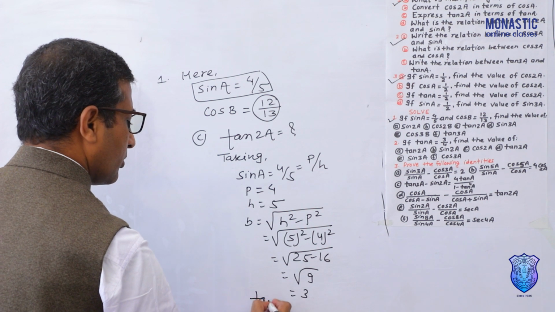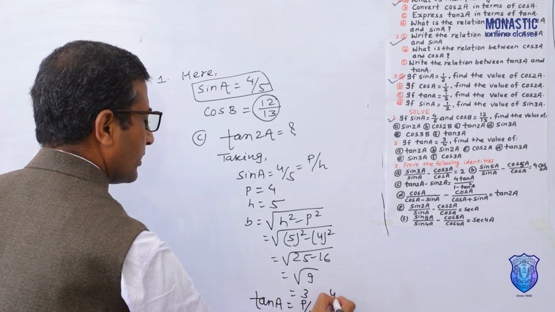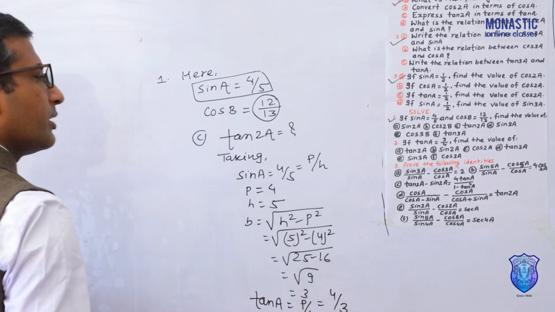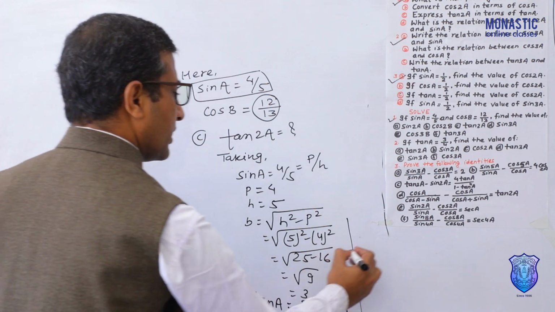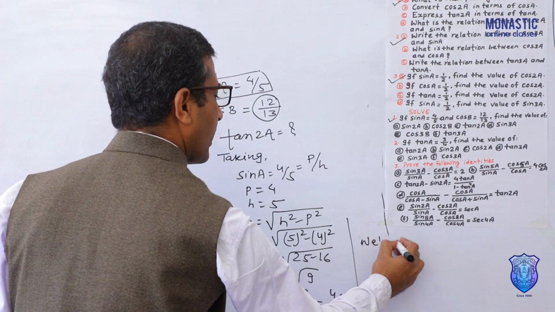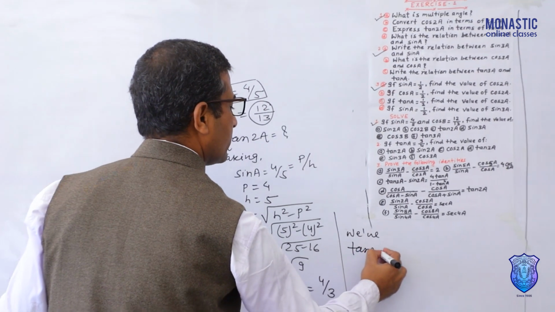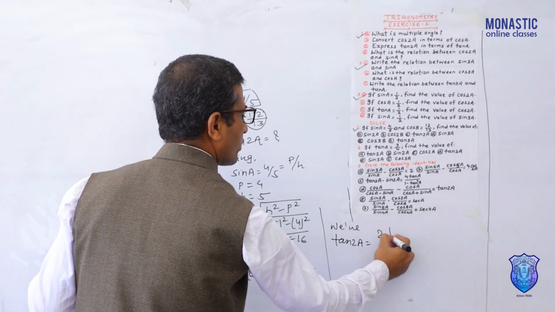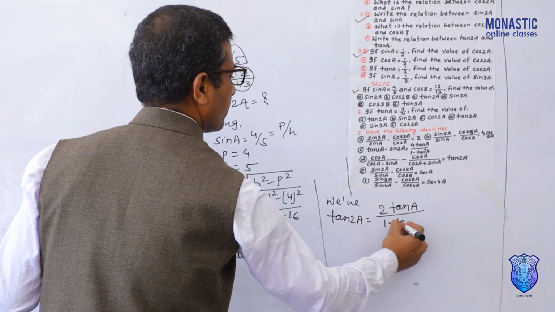Then we know that tan A is equal to P by B, that is 4 by 3. After finding the value of tan A, we can utilize the formula of tan 2A, which is 2 times tan A by 1 minus tan square A.